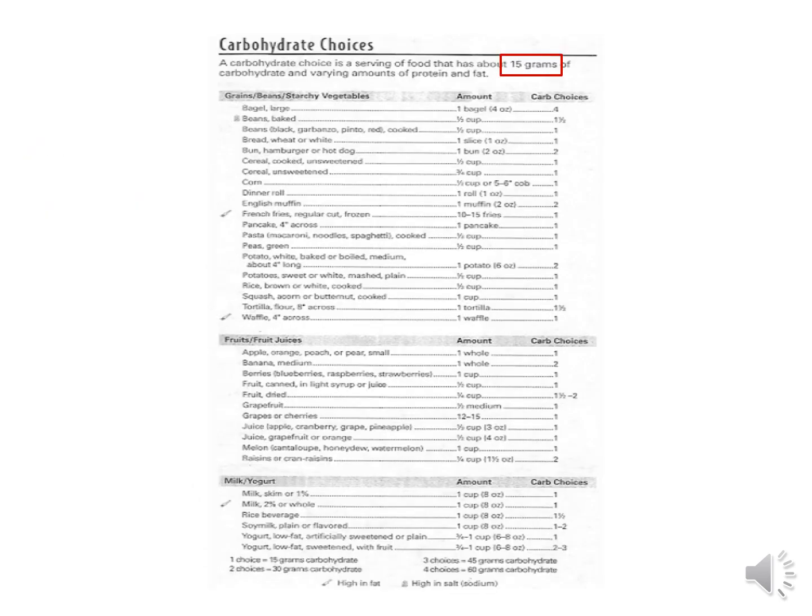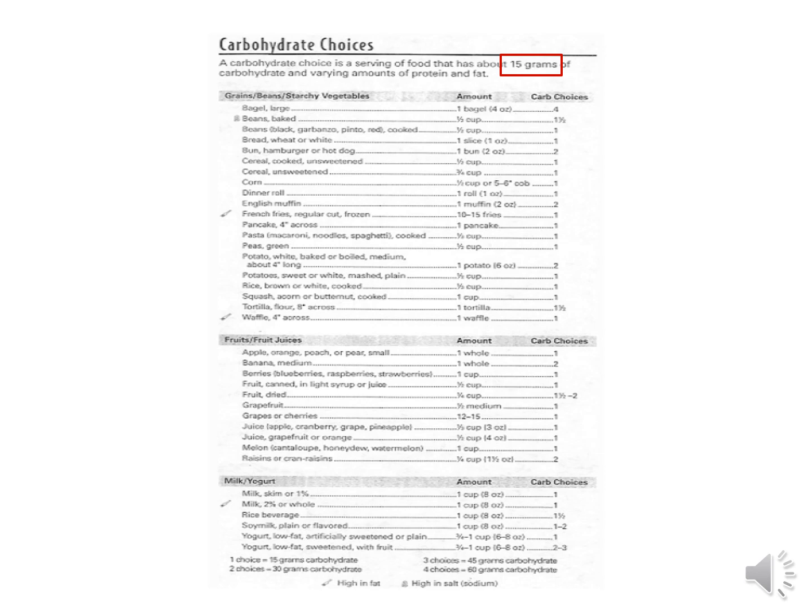Now, how you're going to determine your carbohydrate choices is that there are 2 pages on the document that have a list of foods that are considered carbohydrate choices. They list the food, they list what a serving size is, and how many carb choices that would be worth.